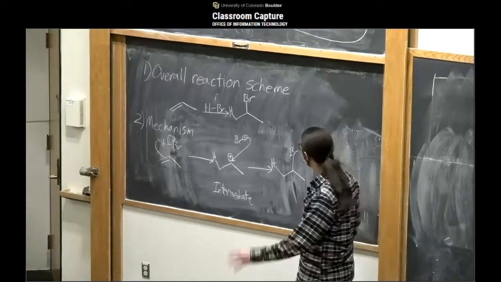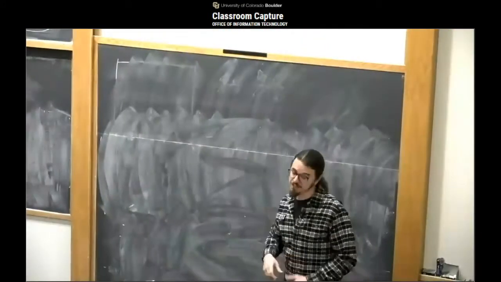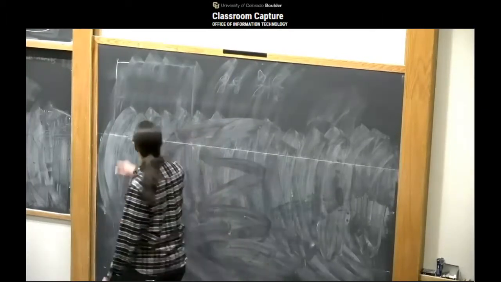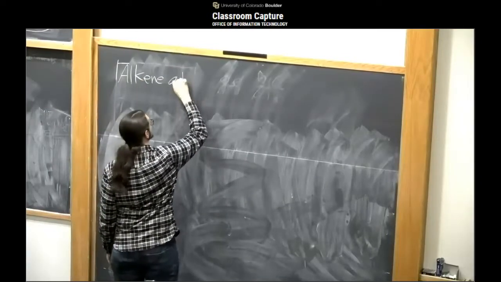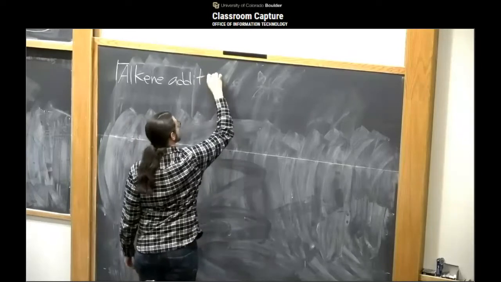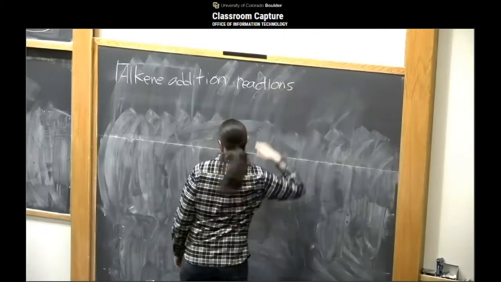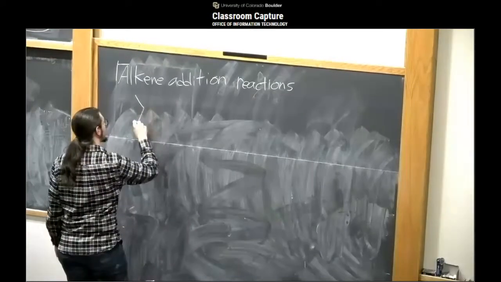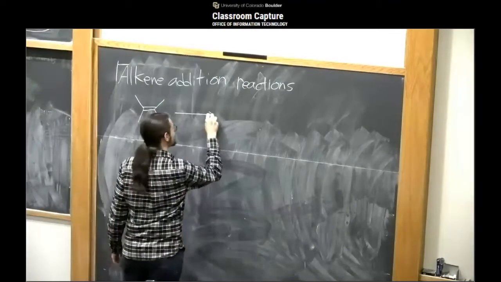So with this introduction to how we can represent reactions, we're actually going to examine this reaction. And in general, for chapter 4, you're going to see a lot of reactions of this form called alkene addition reactions. So in general, an alkene addition reaction will take this form, where you start with an alkene, you react it with some species.